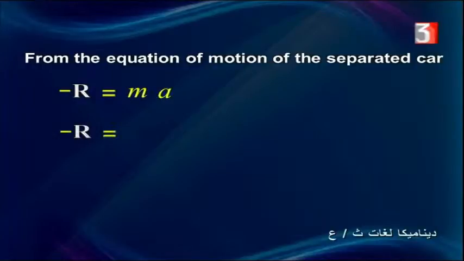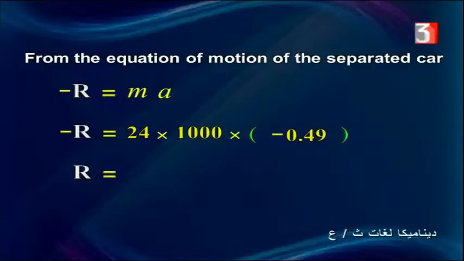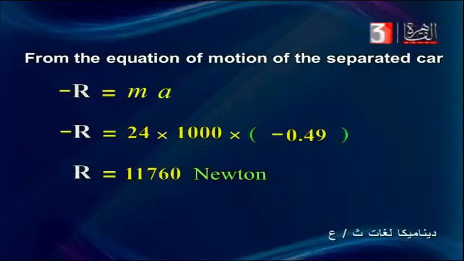Then negative R equals 24 times 1000 times negative 0.49. Then the resistance equals 11,760 Newton, the resistance now in Newton units.